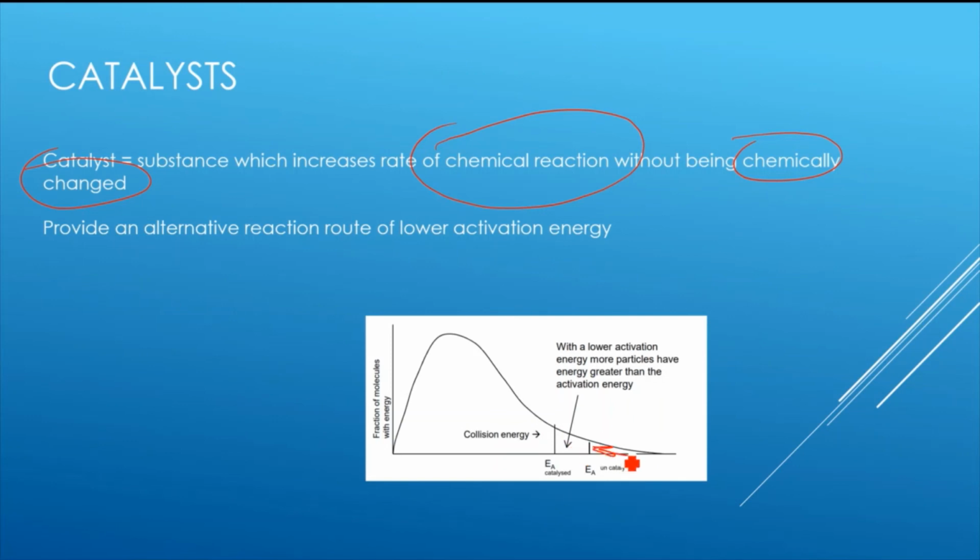In this case there were only this number of particles, but when the activation energy has moved, there are a lot more particles under the section which has at least the activation energy, and that's why more particles will lead to a successful collision and therefore a reaction, therefore increasing the rate of reaction.